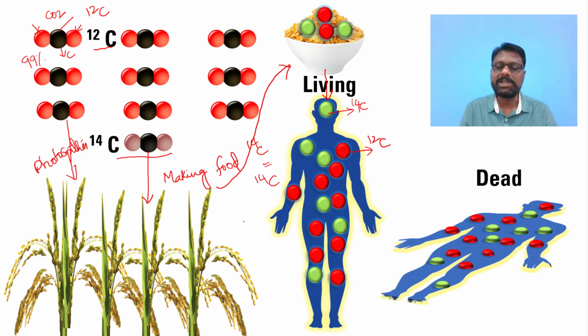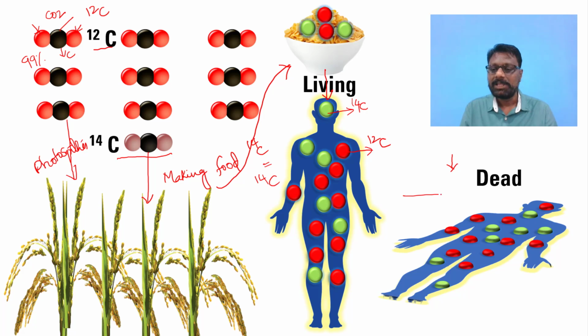So he always maintains the ratio of C14 in the atmosphere with the C14 in the body. Similarly, the ratio between the C12 in the atmosphere and the C12 in the body is also maintained.